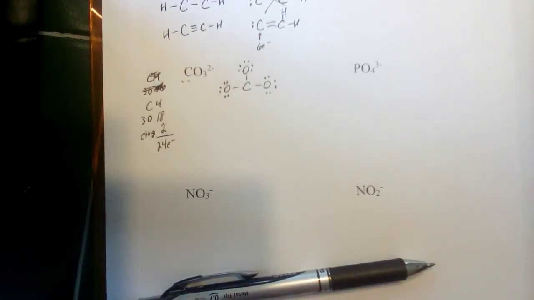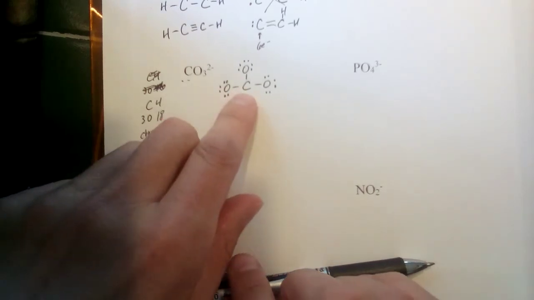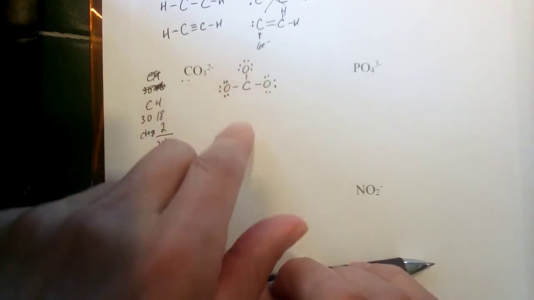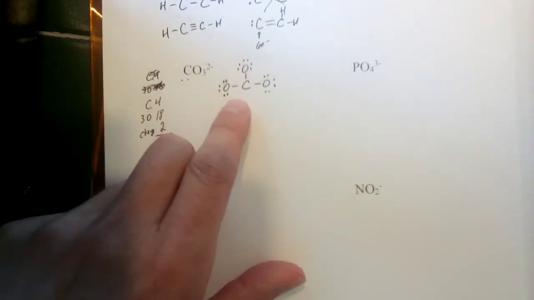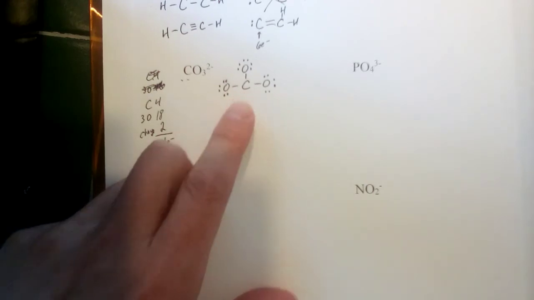So the definition, again, from that handout: resonance structures are one of 2 or more Lewis structures for a single molecule that cannot be represented accurately by only one Lewis structure. This is one of those. And this is how we know resonance is potential here, is that we find multiple ways to finish the structure.